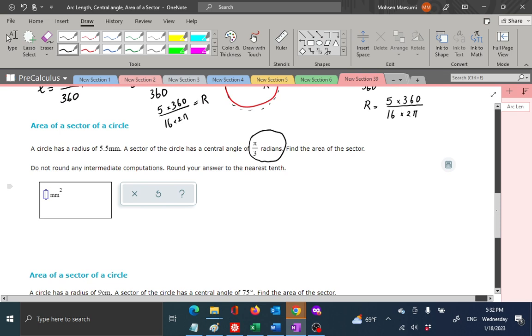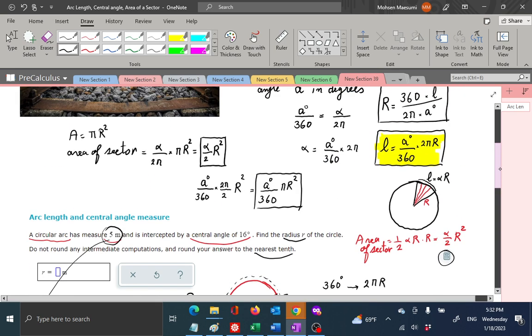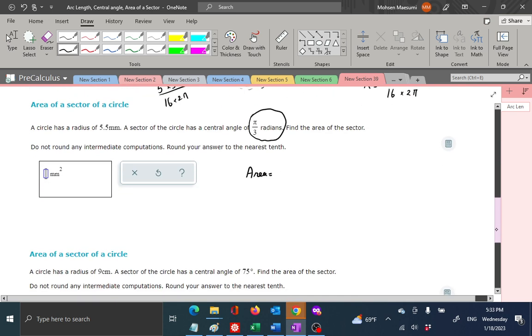We said area is equal to central angle divided by 2 times r squared. Is that right? So area of a sector is central angle divided by 2 times r squared, where alpha is the central angle in radians.